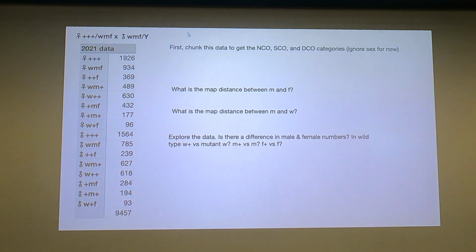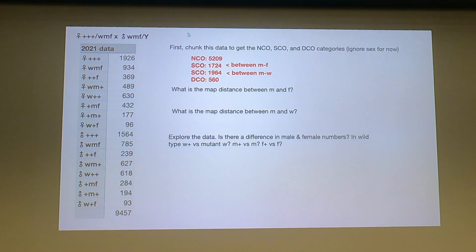You still want to look at this, because as you see in a moment, we're going to take a look at the data and see if it tells us anything. Okay, so there, I chunked it for you. So those are the numbers last year's class got. And also further, if we looked at which one was which, this single crossover is between miniature and forked, and this one is between miniature and white.